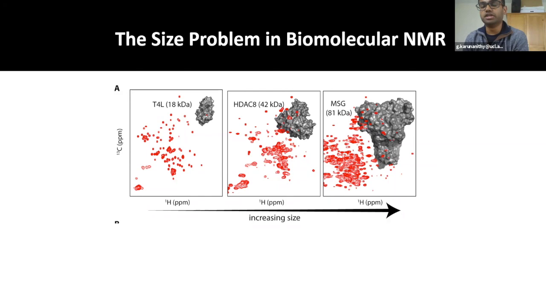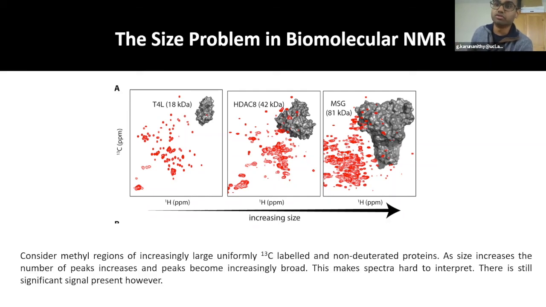And even for MSG, which would be considered very large, uniformly carbon labeled and protonated, not deuterated, you still have quite a lot of signal there. The issue is not really the sensitivity, it's the resolution. You can't really see what's going on to the naked eye, but certainly it's clear that there is signal there.